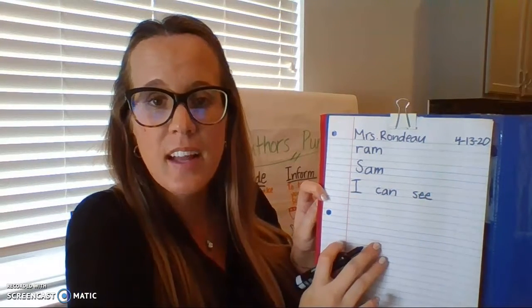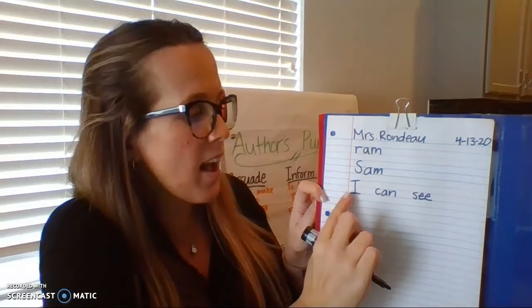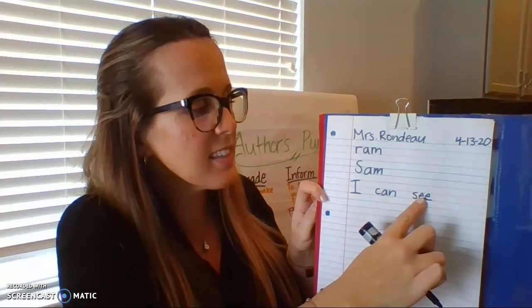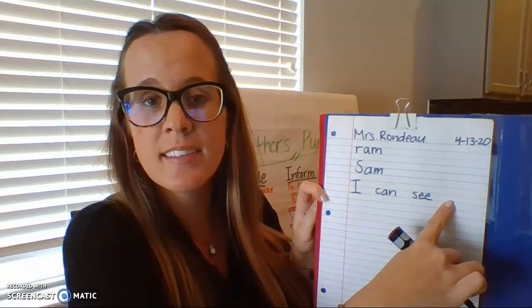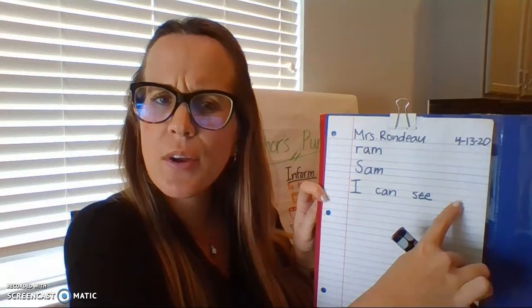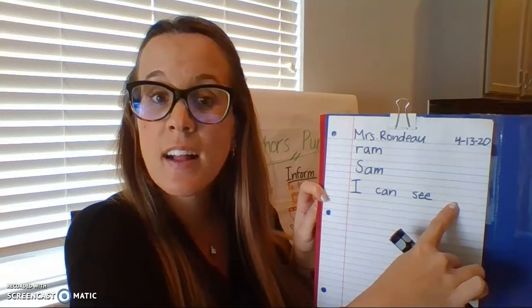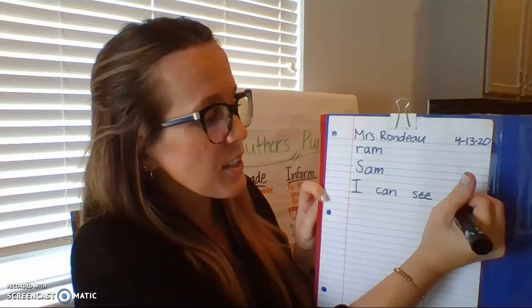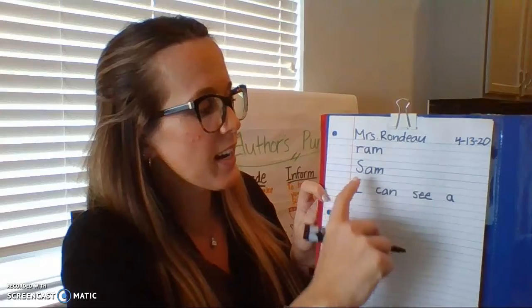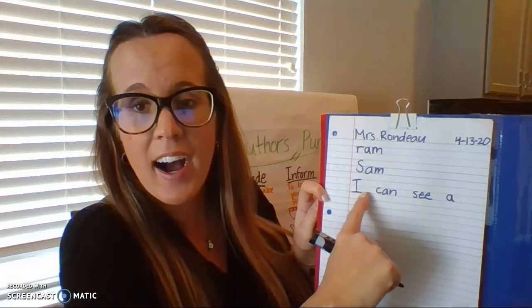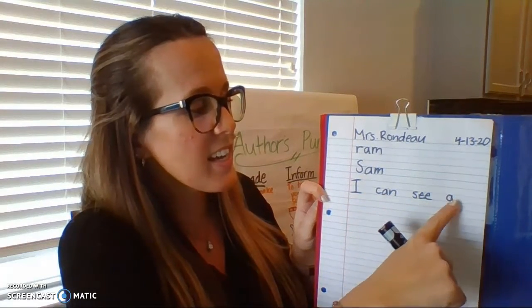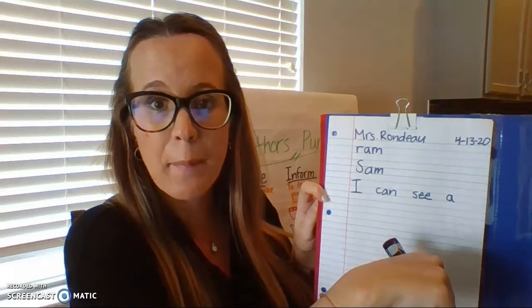S-E-E. Okay, read it with me. I can see a. When we write a, do we do capital or lowercase? Lowercase, good. Read it again. I can see a ram.